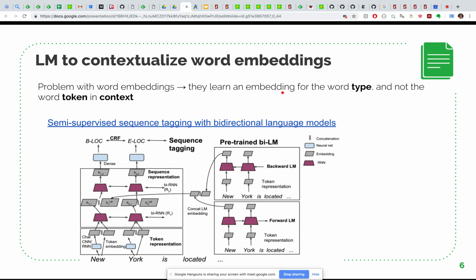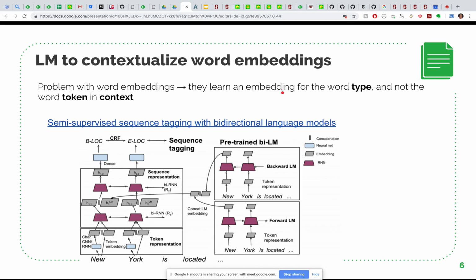This was one of the early works on contextualized word embeddings, in the setup of named entity recognition. In this paper, the authors wanted to not only use pre-trained word embeddings, but to have contextualized word embeddings.